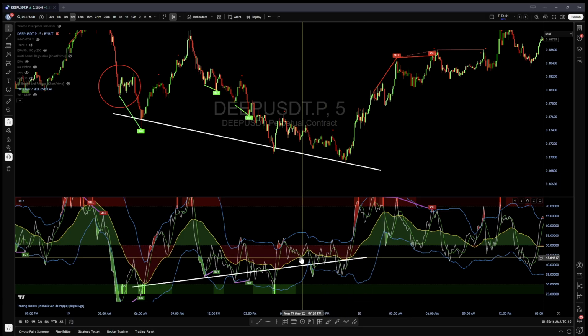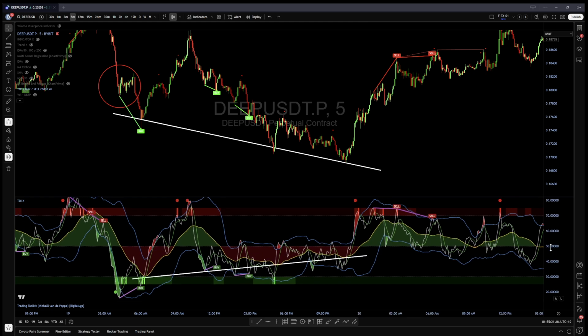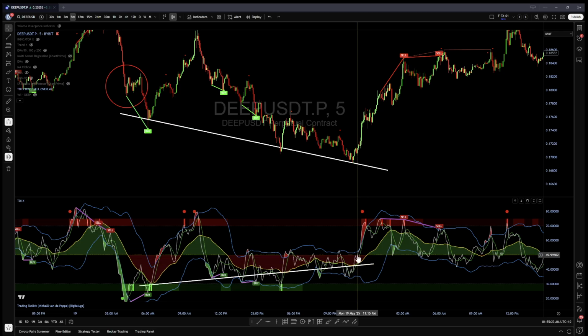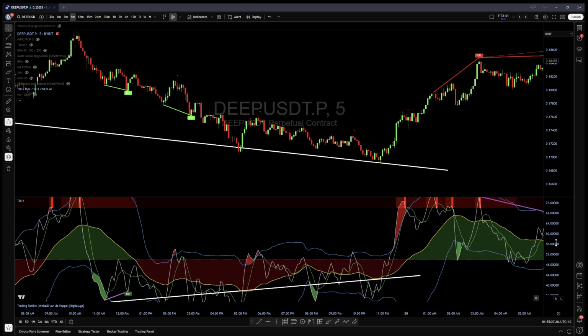But typically when they get closer to the 50 line on the TDIX scale, they have no choice but to play out. And you don't want to enter the trade when the middle band crosses. That's too late. You want to always enter on the last hump as it gets closer to the middle band and the last crossover of the fast MA from the middle band of the money flow.